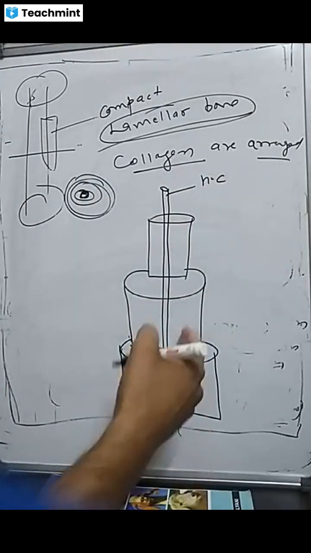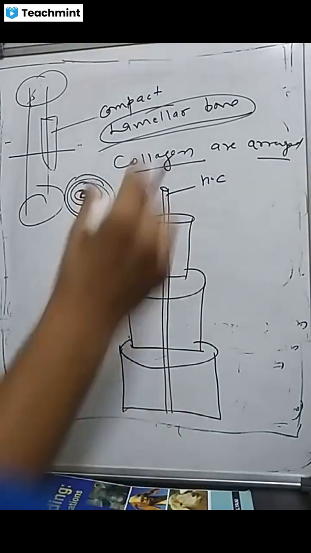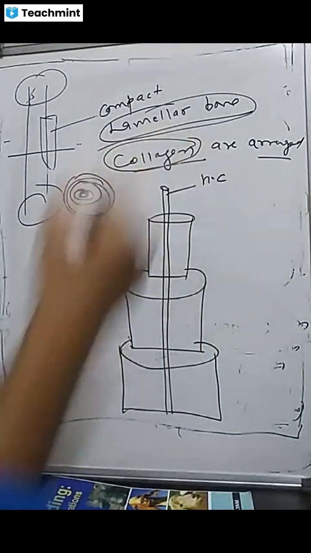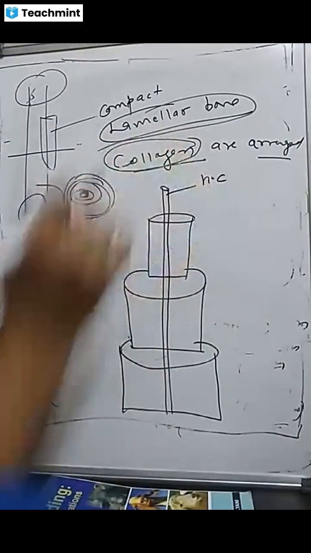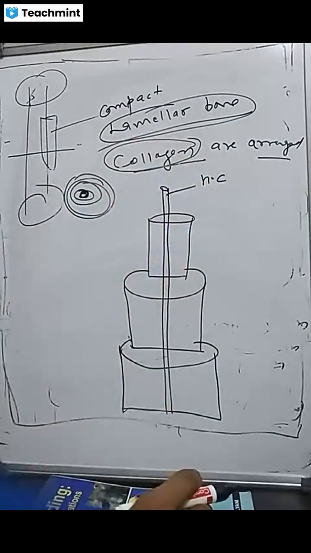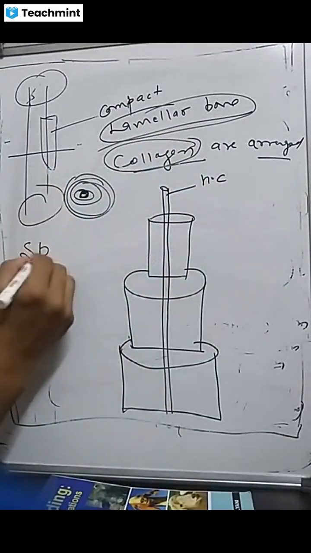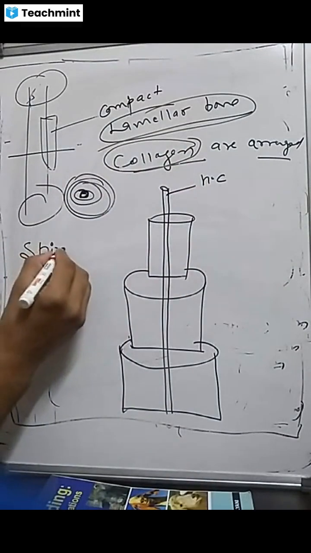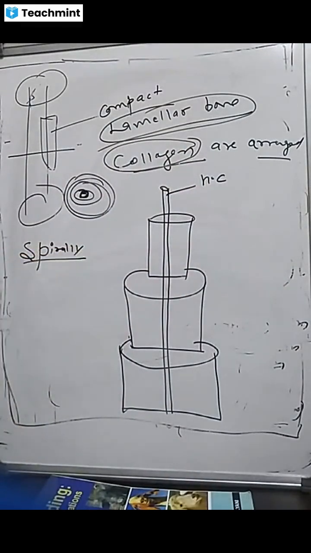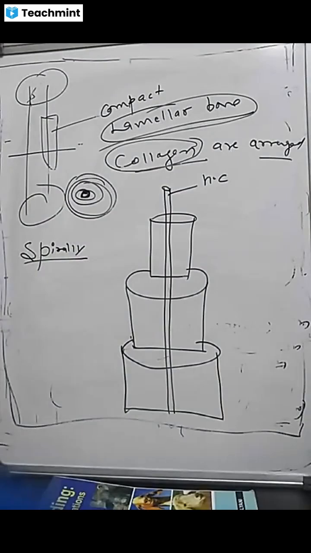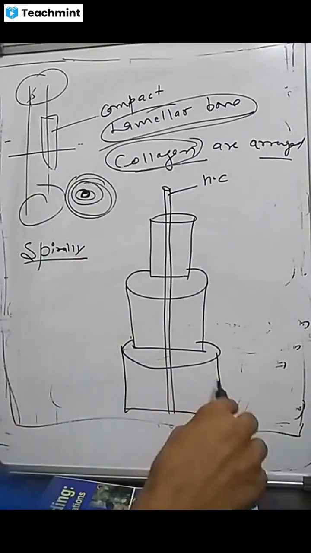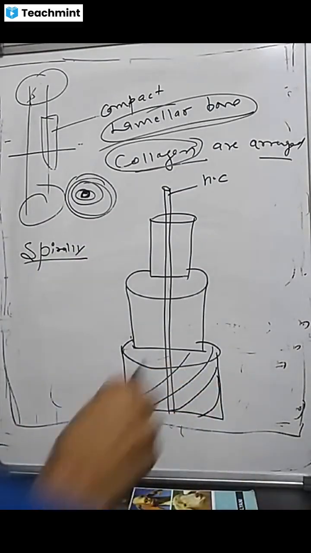In these lamellae, what is arranged? Collagen fibers. How are they arranged? They are arranged spirally, like this.